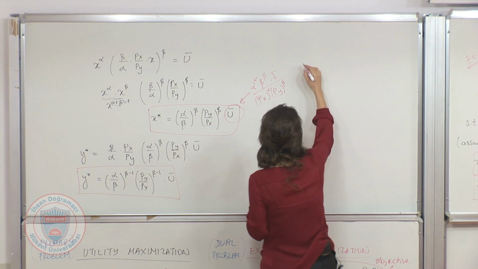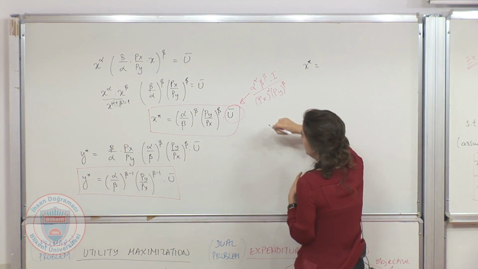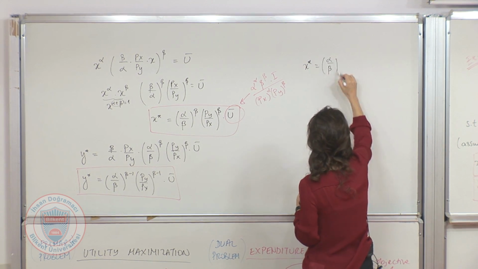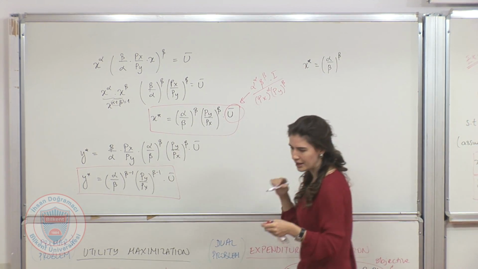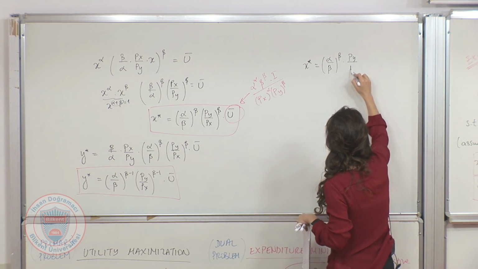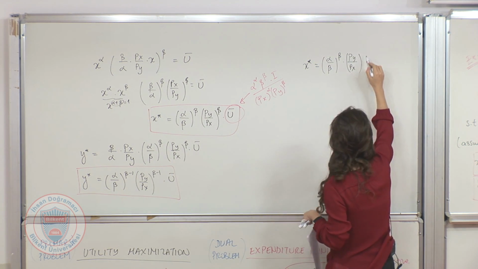So this is x star. I'm going to put alpha over beta, right, to the power beta. Then I'm going to have basically py over px to the power beta.